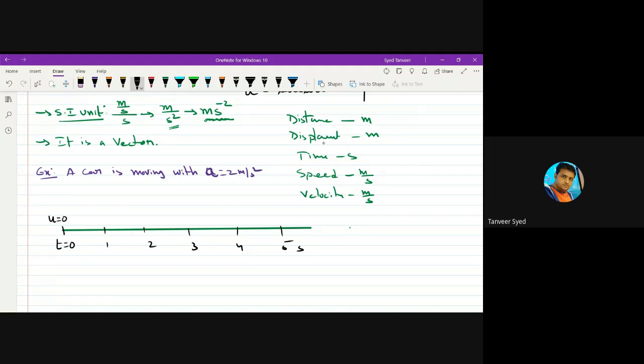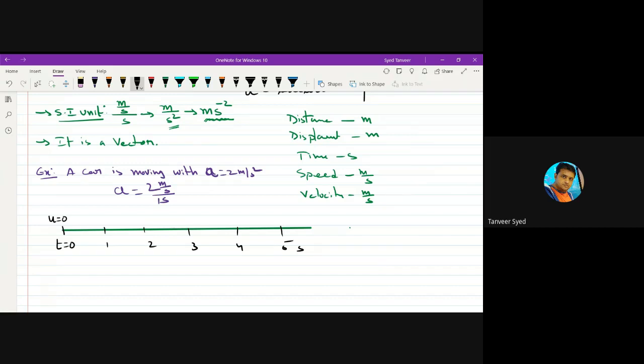If its acceleration is 2 meter per second square, it means 2 meter per second per 1 second, from the definition of acceleration, change in velocity by time. So if it starts with initial velocity u equal to 0.